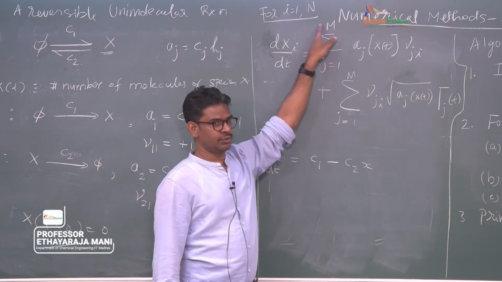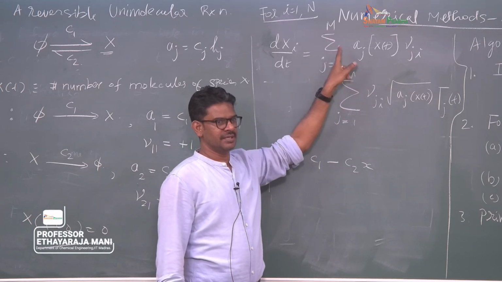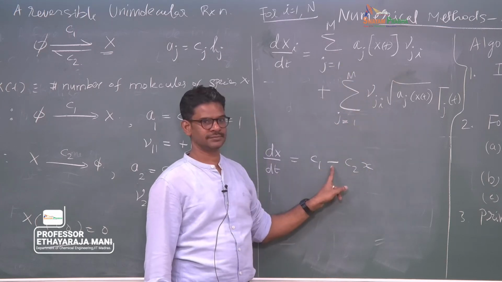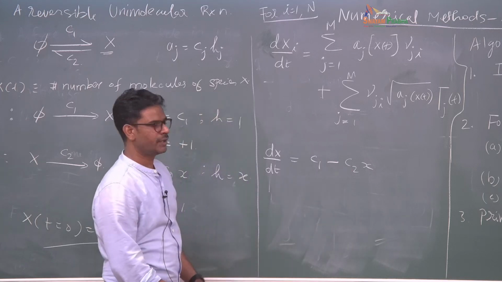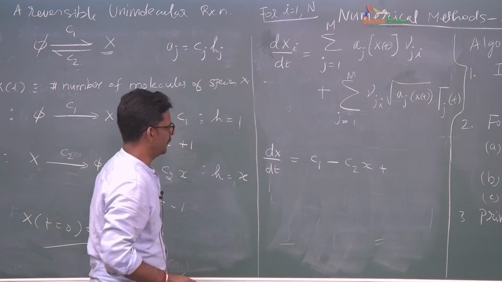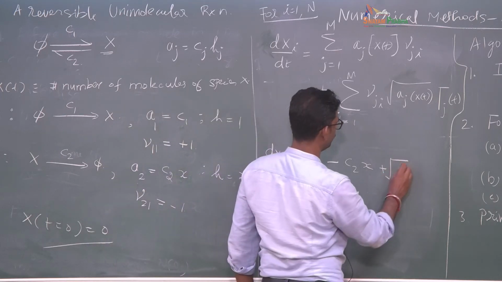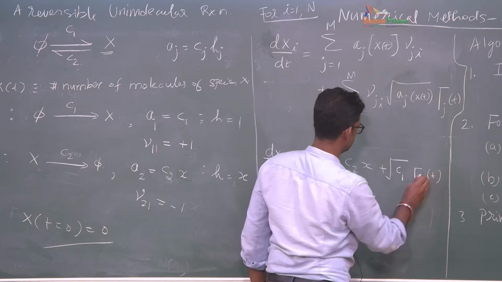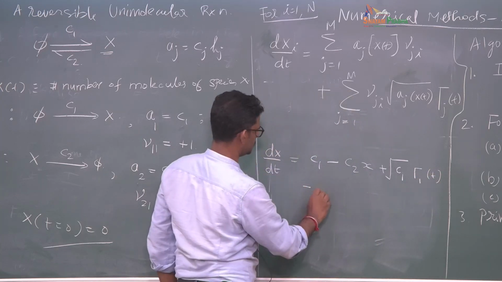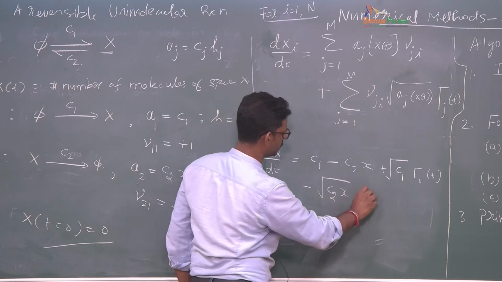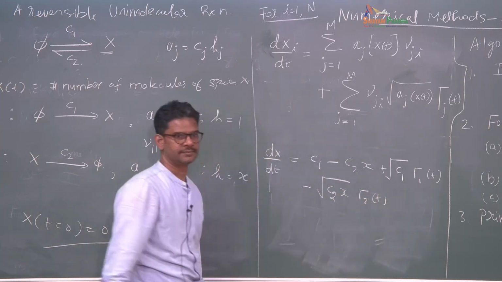When j equals 2, a2 is c2x and nu is minus 1. Then the second term would be square root of c1 gamma 1 minus square root of c2 x gamma 2, isn't it?